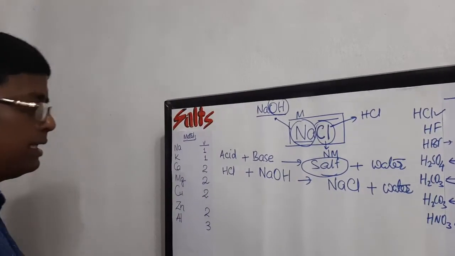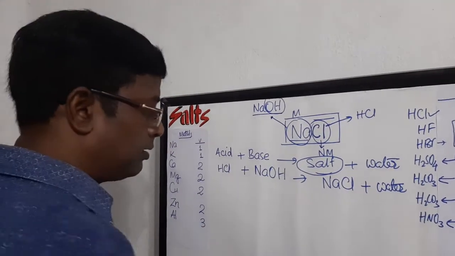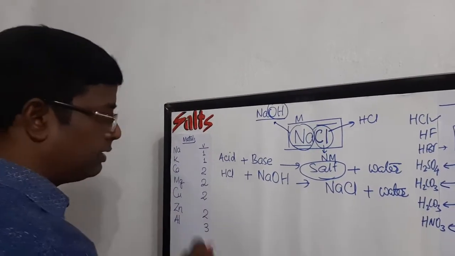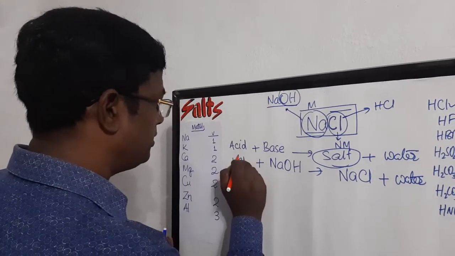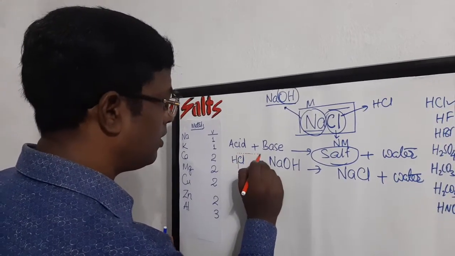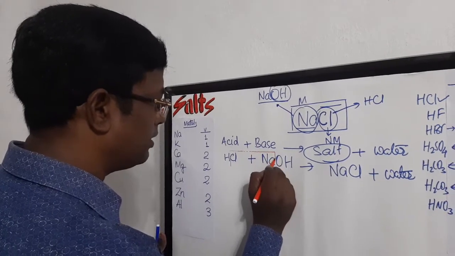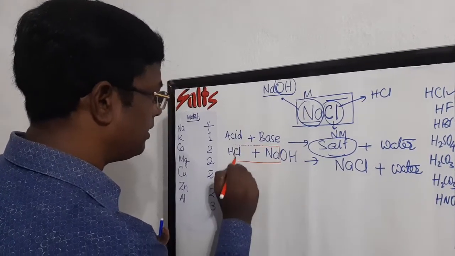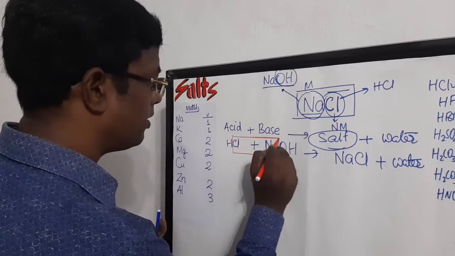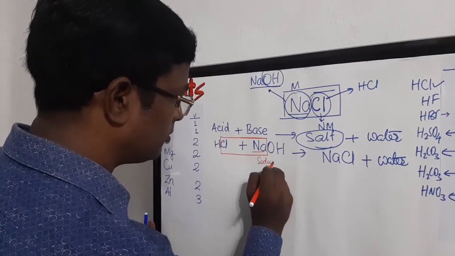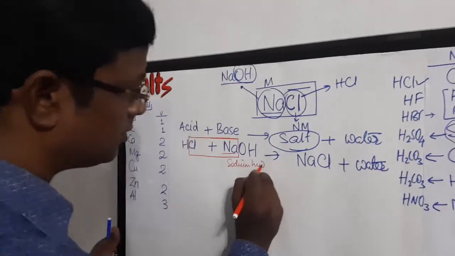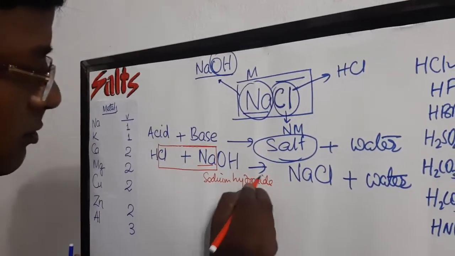How is this NaCl produced? Let me show you the mechanism here. The negative part of HCl is combining with the positive metal ion of sodium hydroxide, the base.